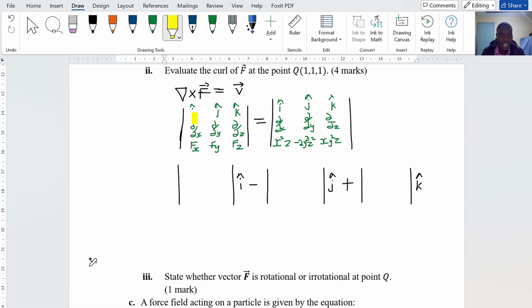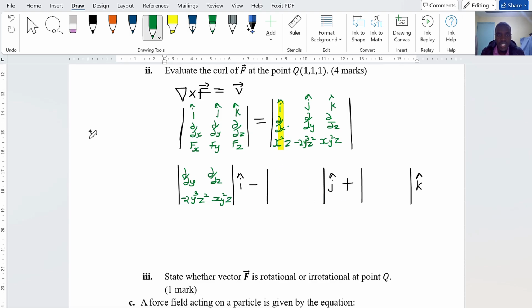Same trick, you want i, you delete that. So the matrix formed is d over dy, d over dz, then negative 2 y cubed z squared, then x y squared z.